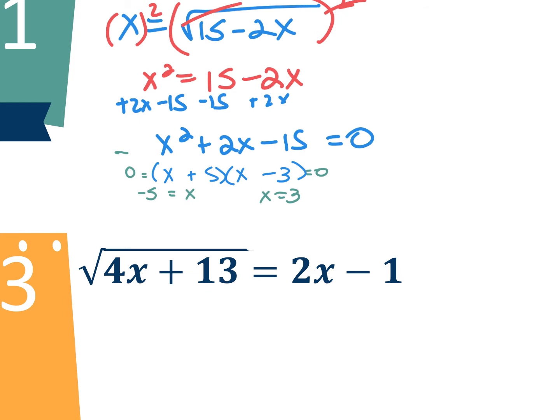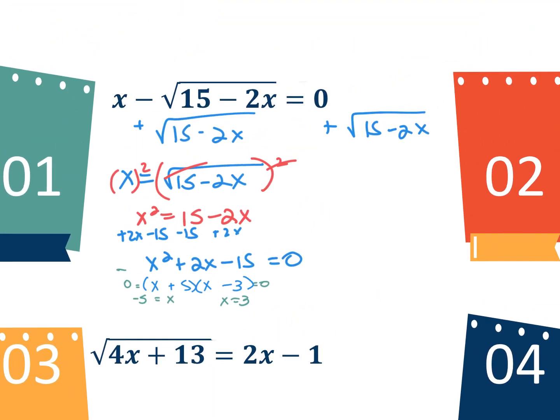So now this is what I mean by check. I have to come back, and I don't have to go full out and check. You could go full out and plug it in and make sure it equals 0. But really your goal is to just make sure that whatever's underneath here is greater than or equal to 0. If there's a negative under there, it would mean there's an i, and then you can't continue. So back in a check, I'm going to take this -5, and I'm going to plug it back in everywhere there's an x.